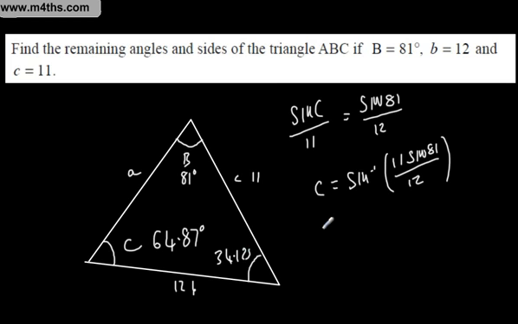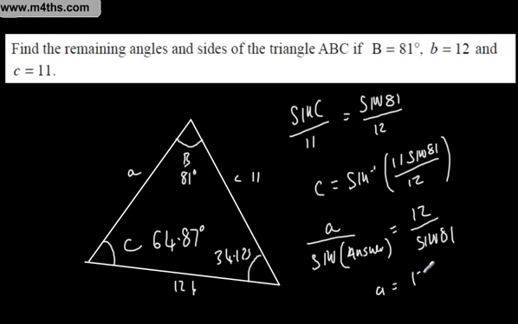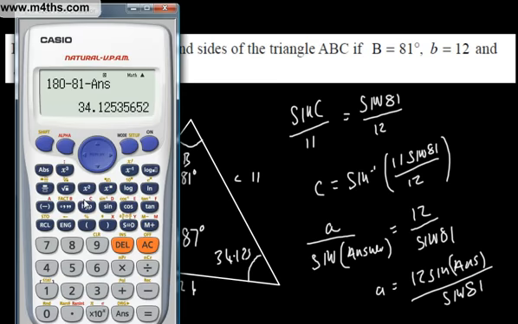So now we can find A. We can say that side A over sine of my answer, which I'm not taking out of the calculator, is going to be equal to, take our pick, I'll work with this one because trying to plug that back in is going to be a bit of a hassle, 12 over sine 81. So all we need to find A is 12 sine answer, remembering the answer stuck in my calculator, over sine 81. This is one of the many ways you can do it.